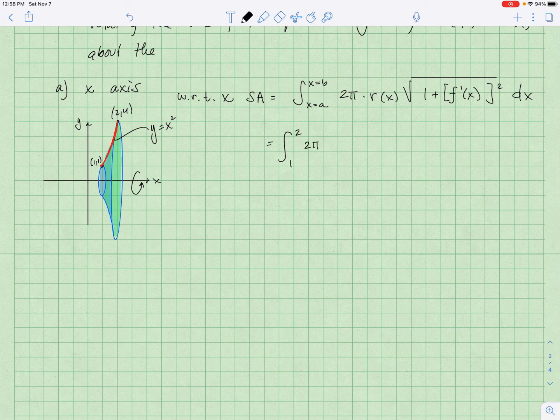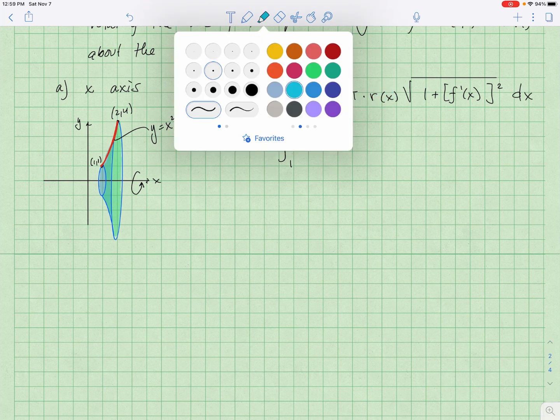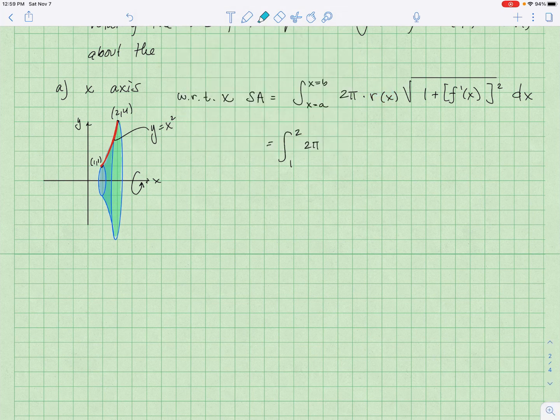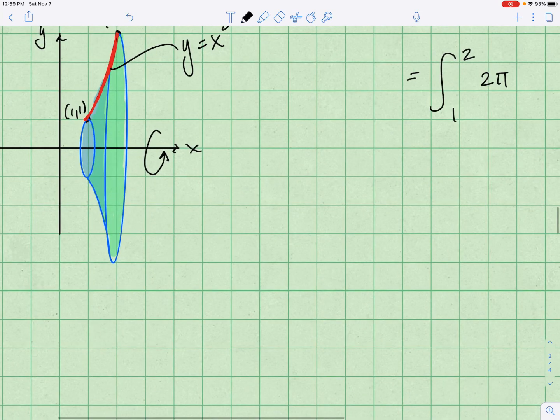2 pi, and the first thing that we need to talk about here is what our radius is going to be. Now, the radius is always measured from the axis of rotation to your curve. Whether you're talking about volume or any other kind of rotation that we've done in this course, it's measured from the axis of rotation up to the curve.